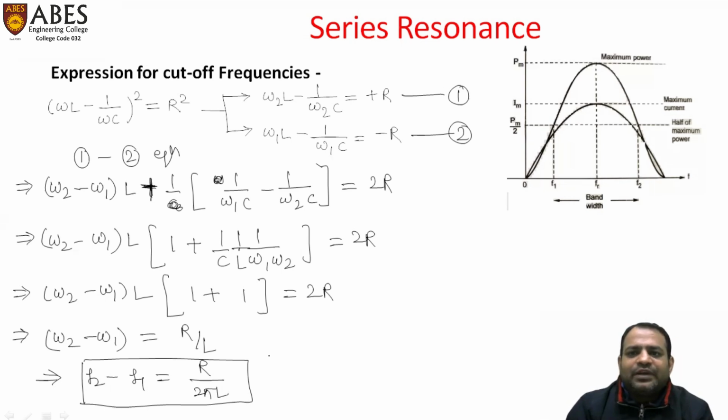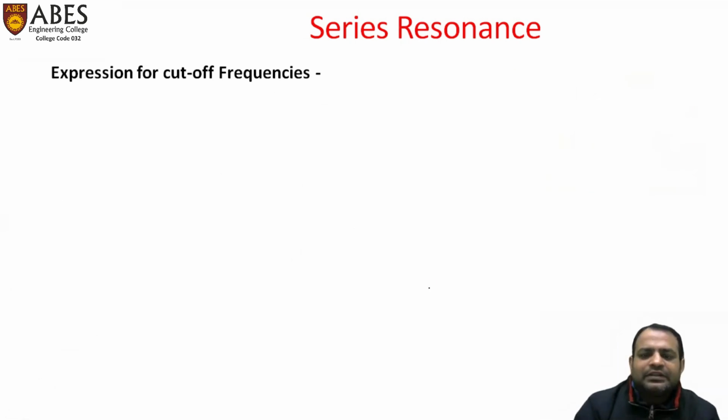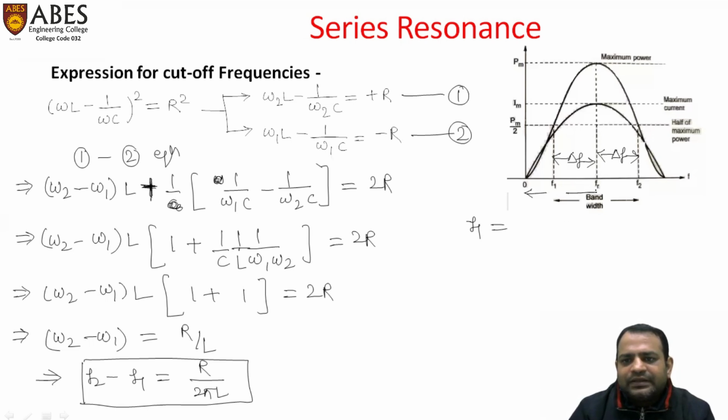Now we are calculating, if we are taking this as delta F, what are the cutoff frequencies? So here F1, the whole length till here is FR.